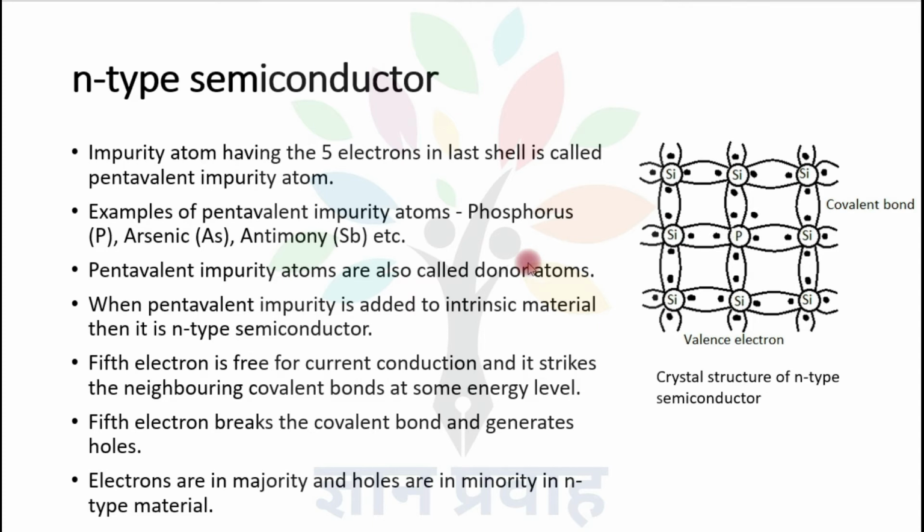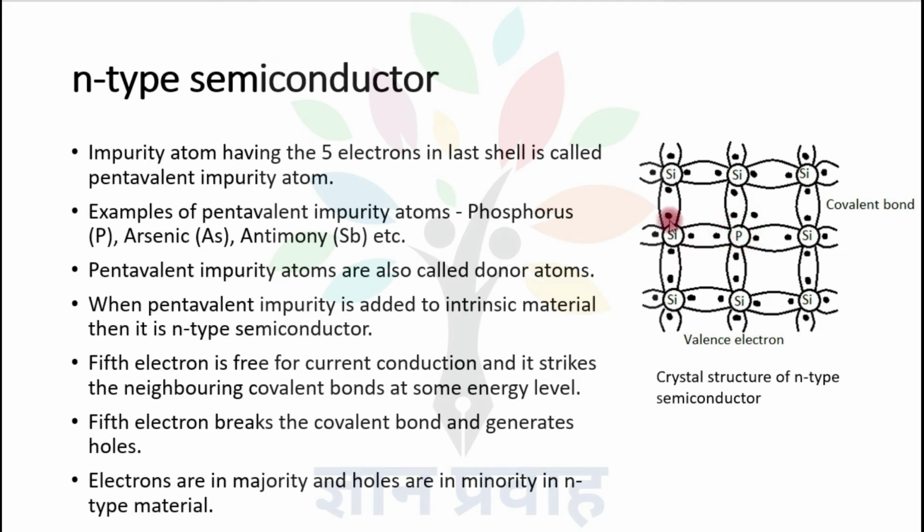And in this case, the number of electrons is in large quantity. So charge carriers are increasing by adding impurity atoms in a crystal structure of semiconductor material. The crystal structure of N-type semiconductor is given here. Silicon atoms have 4 valence electrons, and the phosphorus atom has 5 electrons in its last orbit.